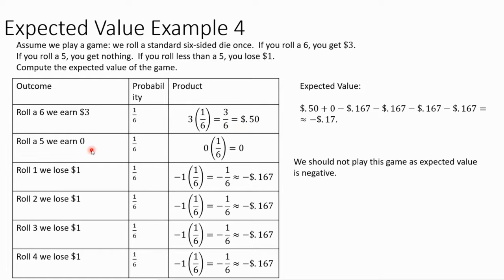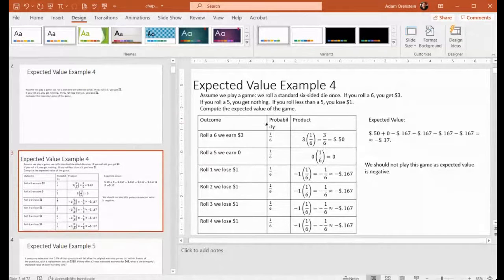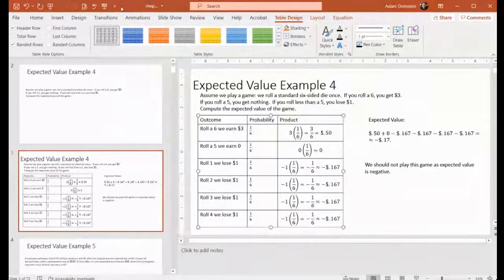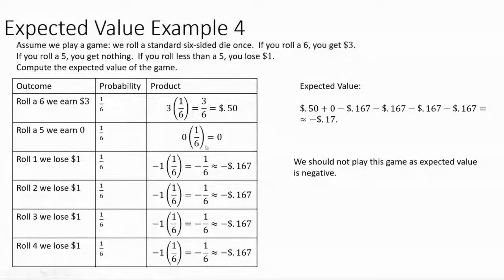If we roll a 5, then by definition we don't get anything. We get nothing. The probability of that happening is also 1 over 6. So in this case, the product is 0, since 0 times anything is 0. And if we roll anything else, we lose $1.